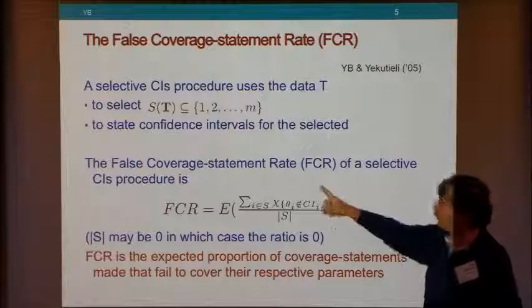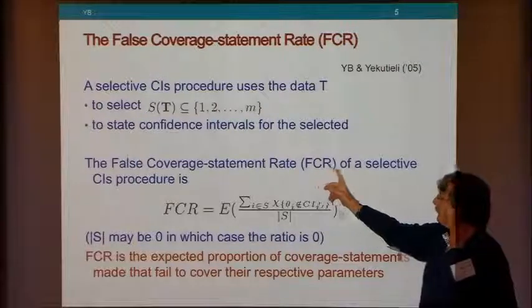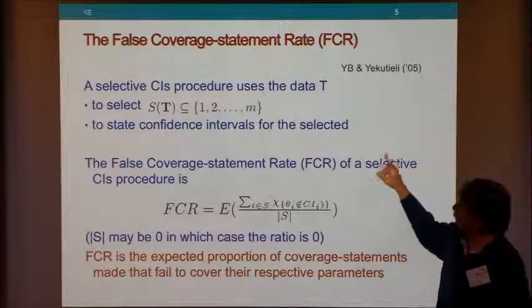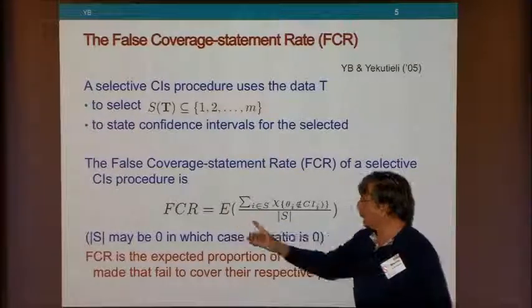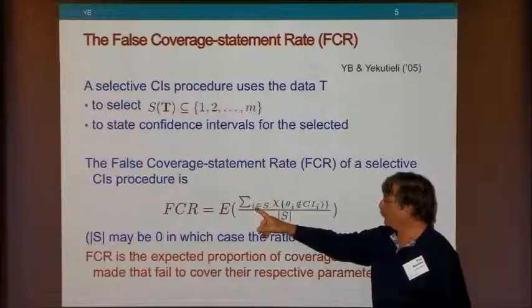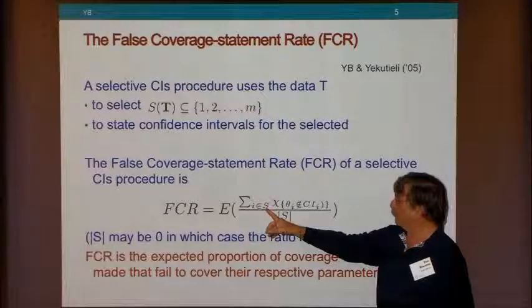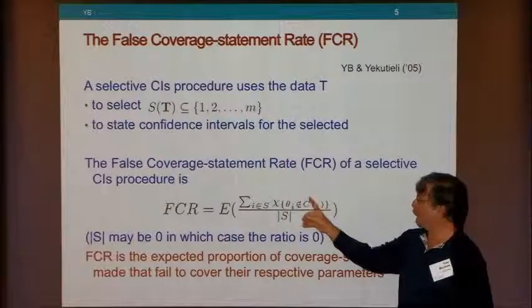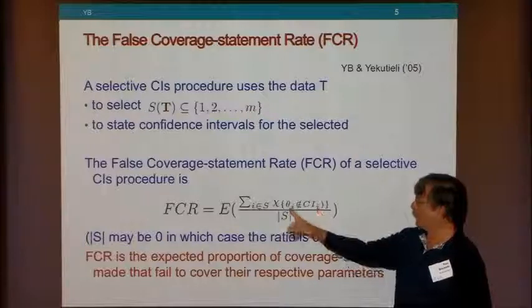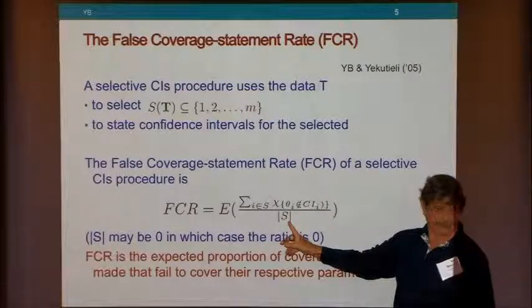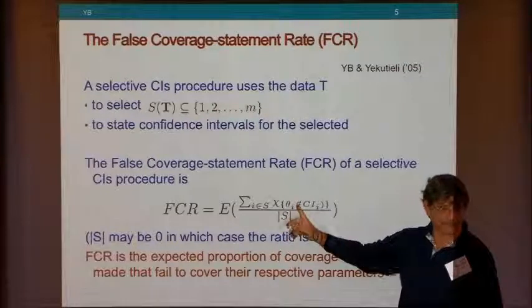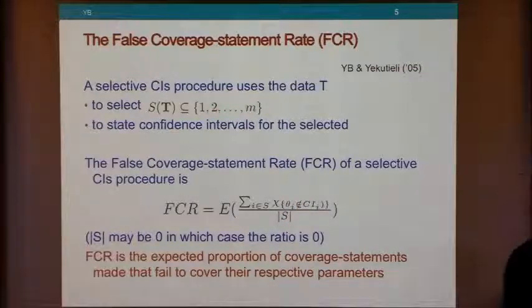Let me define the false coverage statement rate, FCR, of a selective confidence interval procedure as the expected number of the intervals that I'm making that fail to cover their respective parameter, the parameter is not in the confidence interval, divided by the number selected. So I'm looking at the proportion of intervals that I make that fail to, very natural thing.